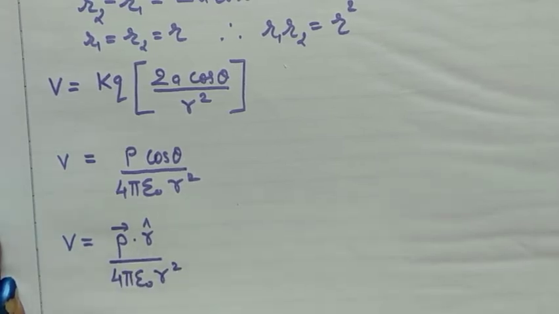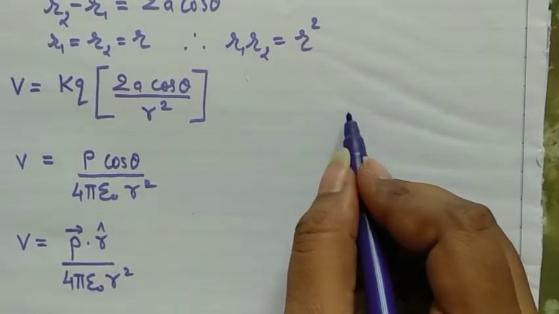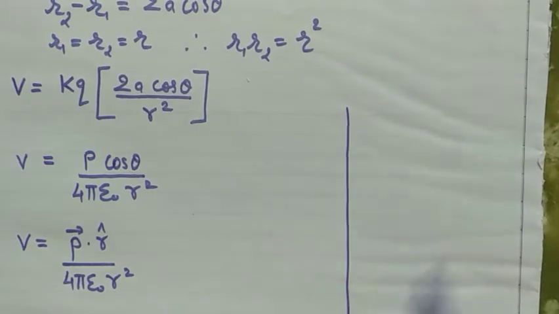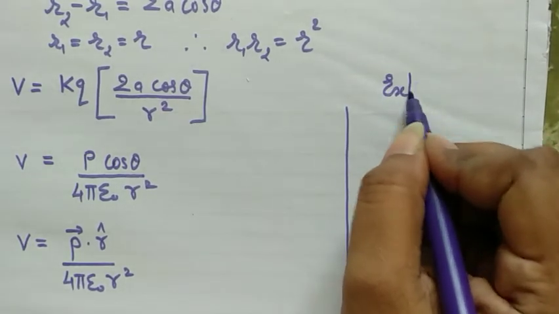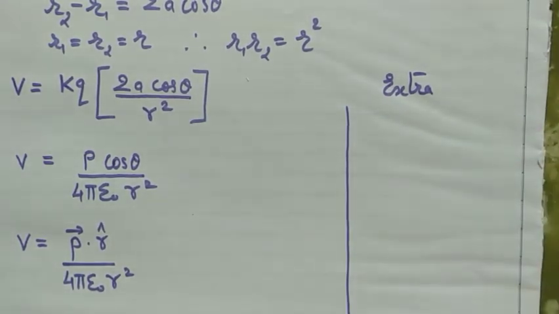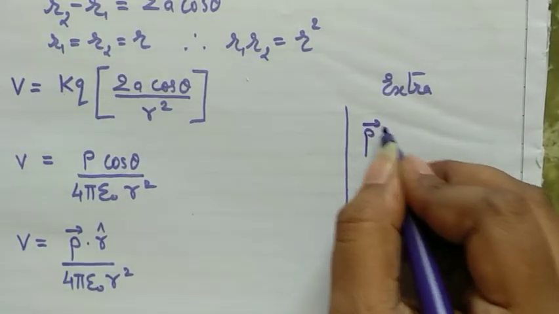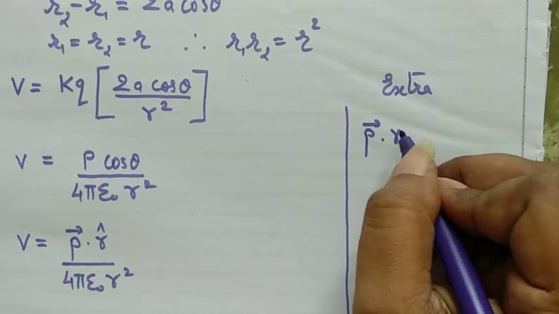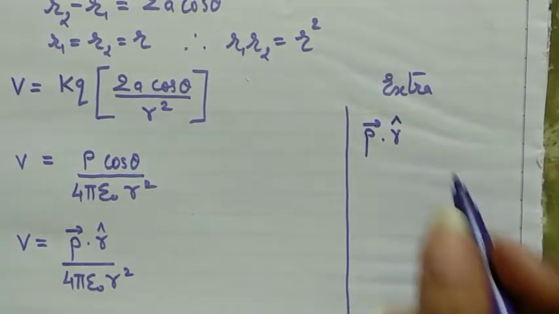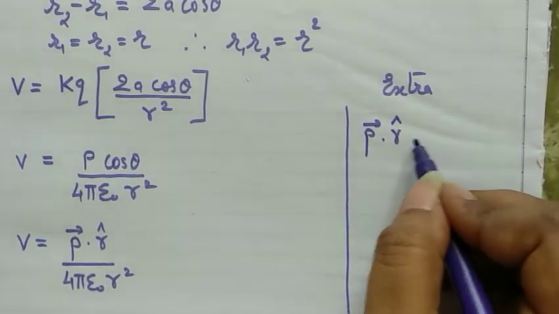Now how did this take place? For that, this you need not write in the exam. So we'll start solving this. See, vector P dot r cap. What is r cap? I want this value.